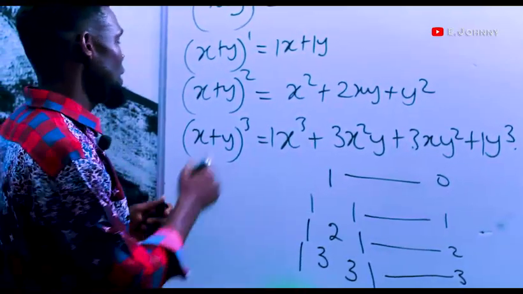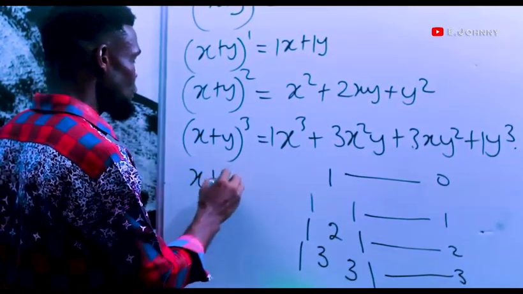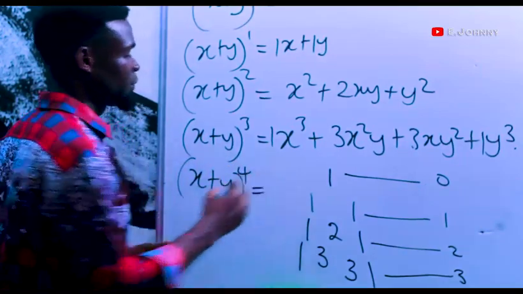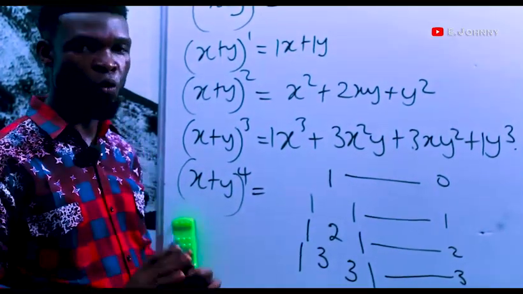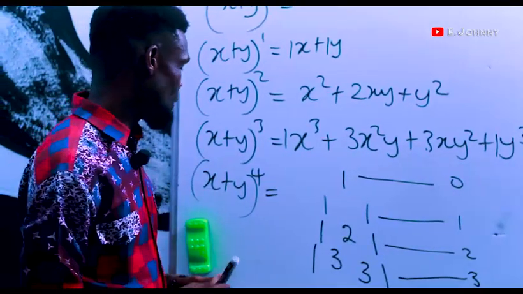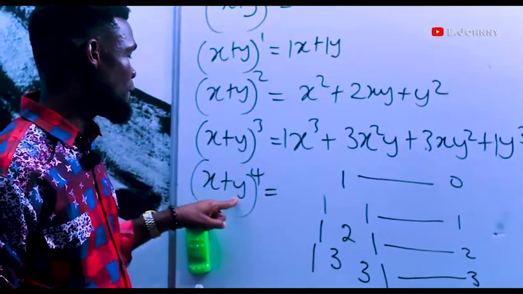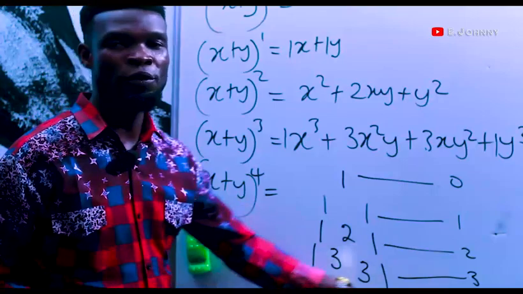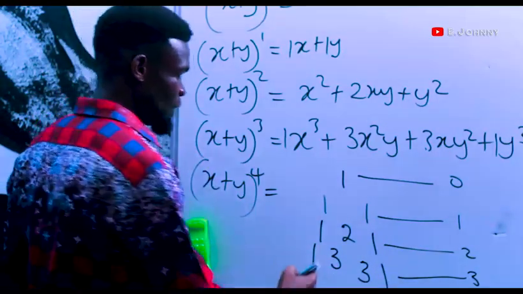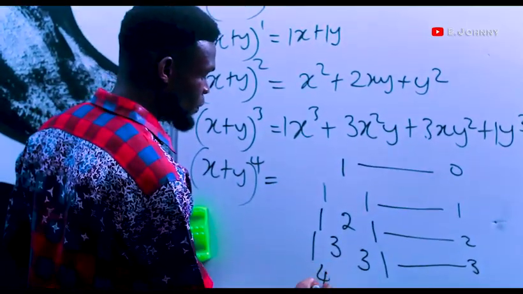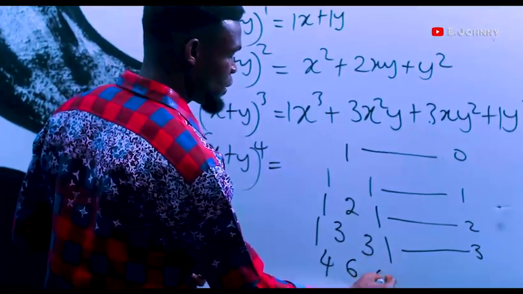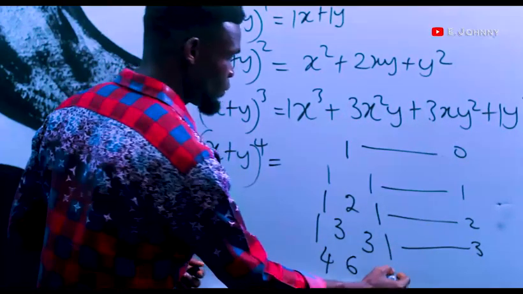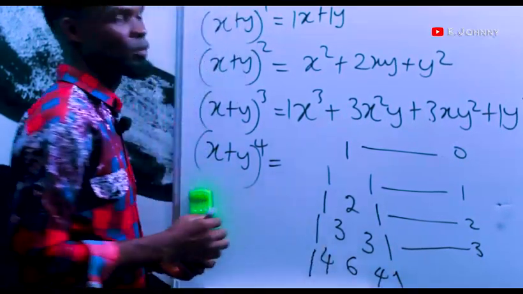Which means that if I am to expand x plus y raised to power 4, what I'm after is the coefficient. What will my coefficient be? 1 plus 3 is 4. 3 plus 3 is 6. 3 plus 1 is 4. Then at the extreme ends, you drop 1 and 1.